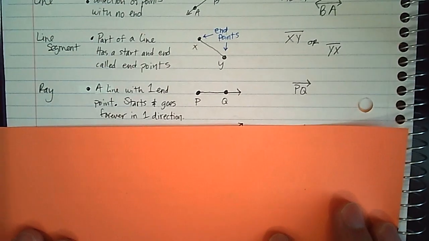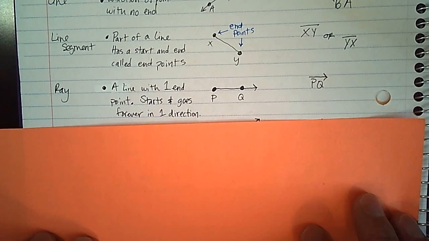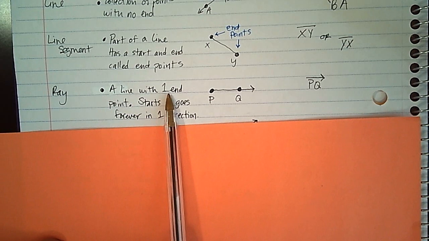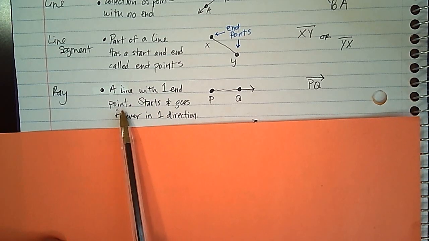Then we have a ray. Imagine we start with a line and then you cut it only one time. So a ray would be the part that's left over after you cut. So it starts here and then it goes forever in this direction. It's a line with one endpoint.